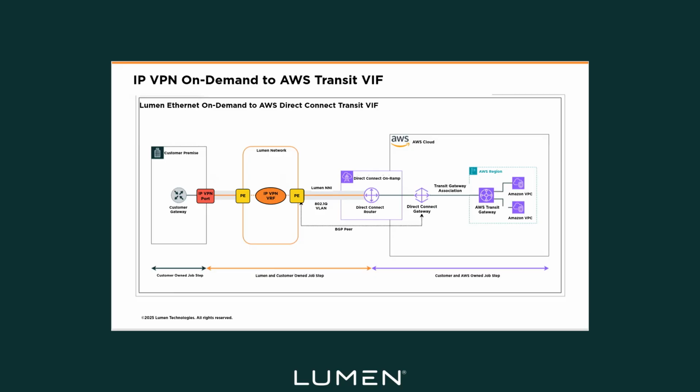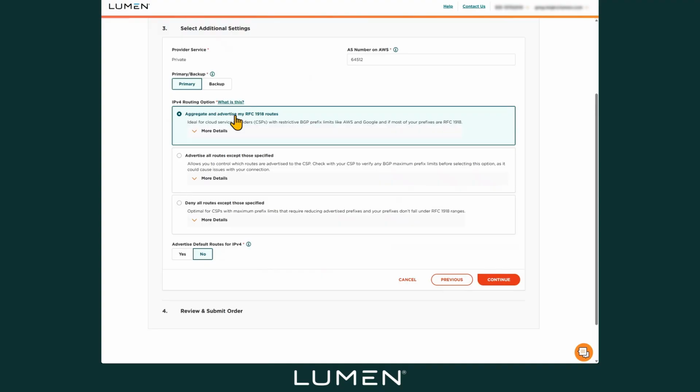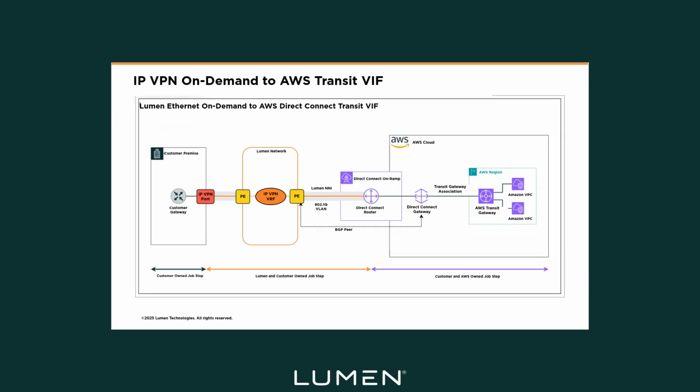So if I go back to Control Center here, I have all these options, and these options are how I control what's advertised from this MPLS VRF, or virtual routing and forwarding table, that has all of my connectivity, however many sites are connected. I'm controlling how I advertise that into AWS and how AWS sees that.